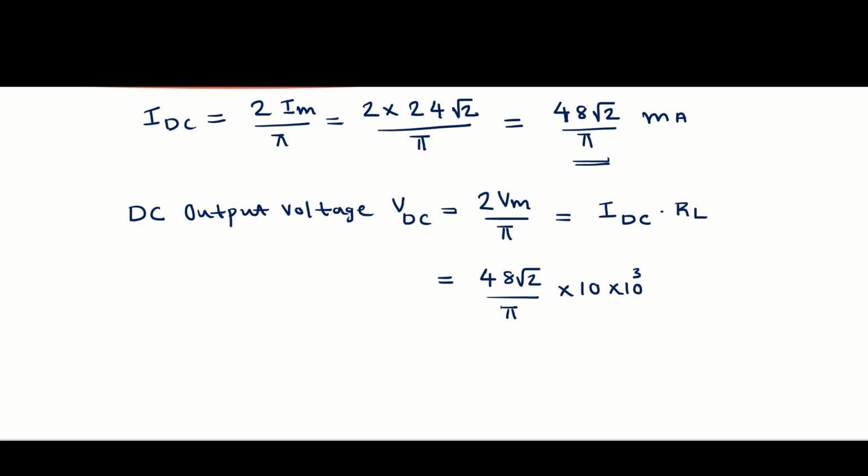Also, IDC is in milliamps, so we have to convert it to ampere. 1 milliampere is 10 raised to minus 3 ampere, so 10 raised to minus 3 also comes in here. So this is equal to 480 root 2 divided by pi volts.